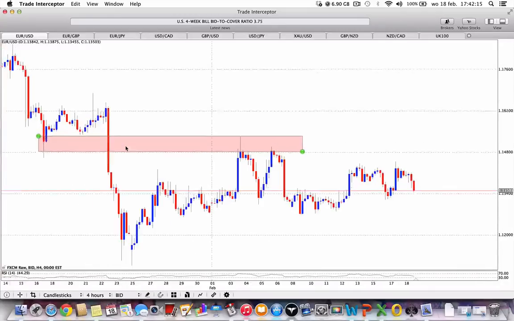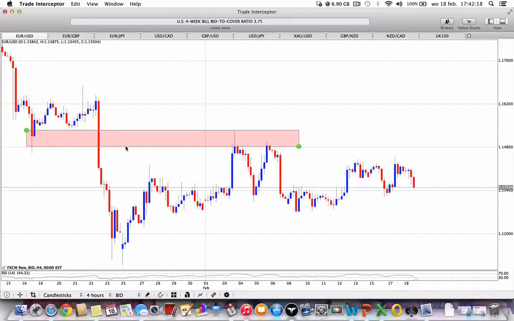Something else that tells us something: when a resistance or support zone is being violated, it is often violated with a really big candle. And as you can see, previously this level was a support level.